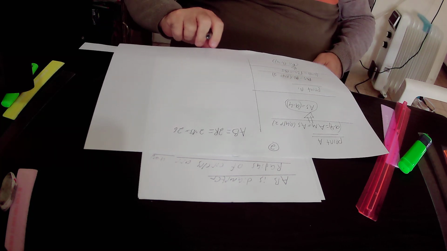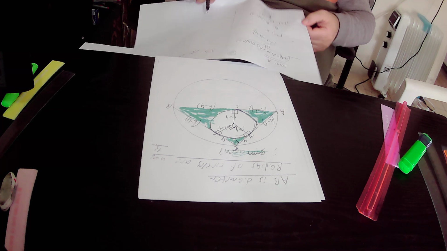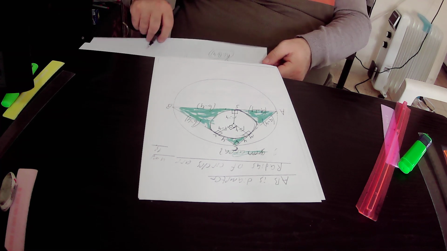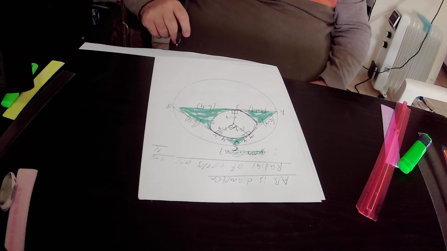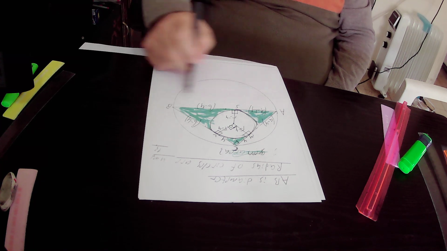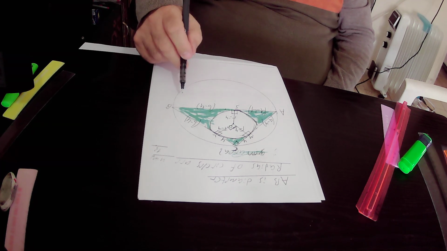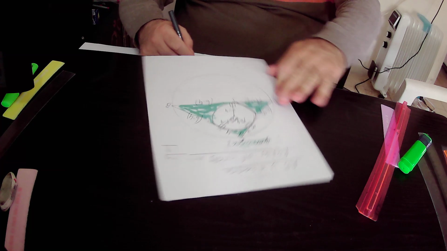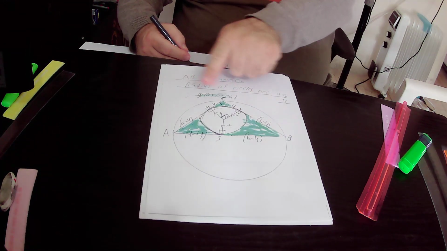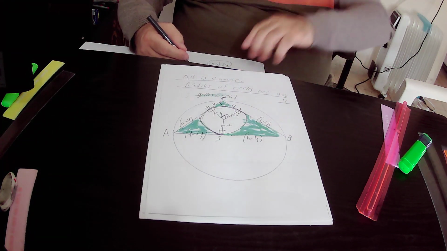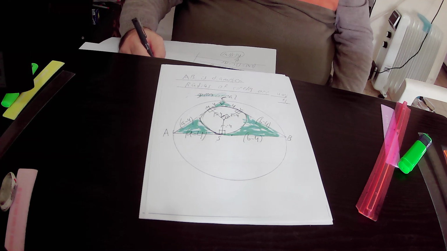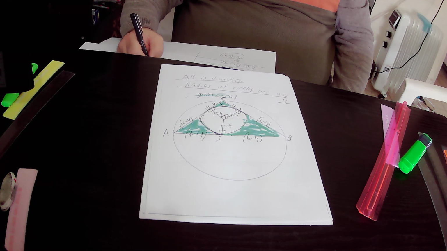From one side, the diameter AB equals 26 units, but from the other side, we also know that AB equals AS plus SB.